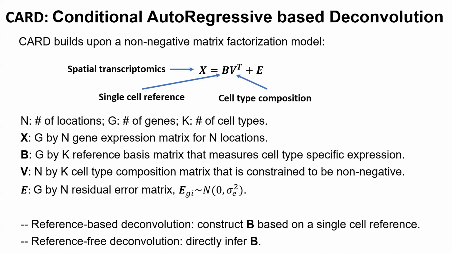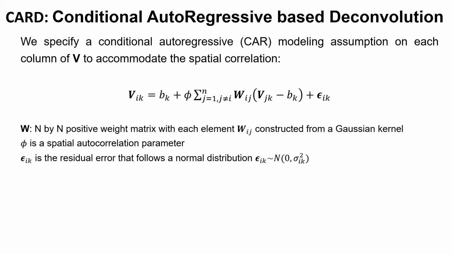The unique part of this model is that for V, we try to incorporate neighborhood similarity information so that you can do a better job estimating cell type composition. Specifically, we specify a conditional autoregressive model assumption on each column of V so that you encourage spatial similarity in terms of cell type composition.